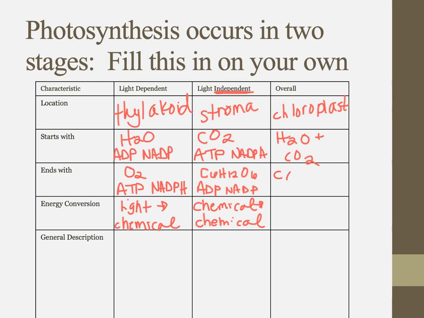And we're going to end with glucose and oxygen. We're going from light energy to chemical energy in the bonds of glucose overall. And remember, if you're doing these notes from my class, you should be able to fill in these boxes on your own.